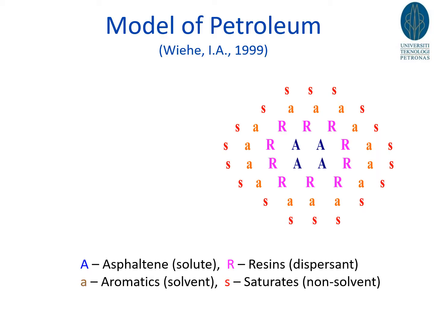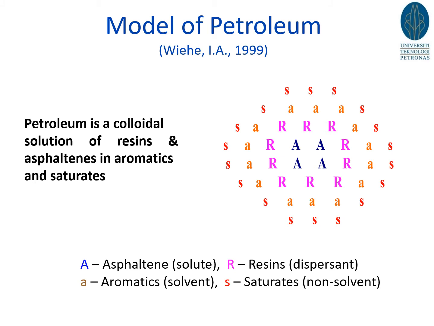Alright, a model of petroleum has been proposed by Wahyu in 1999, in which he suggested a more specific term for petroleum to be used in the industry, and this is commonly used among geochemists worldwide. So to be specific, petroleum is a colloidal solution of resin and asphaltene in aromatics and saturates.